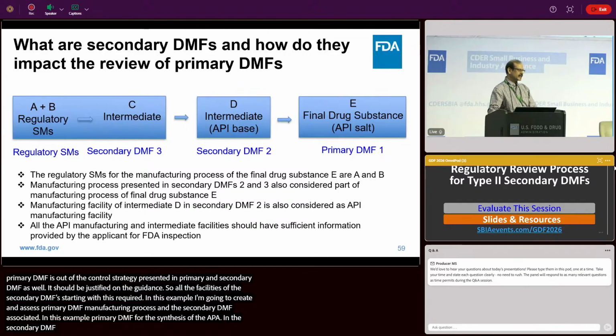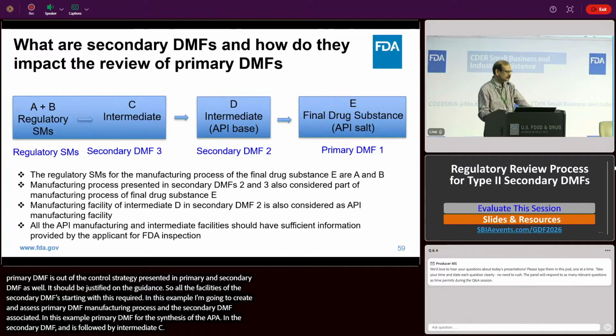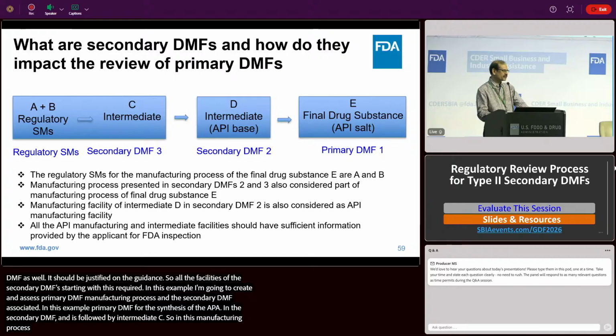The secondary DMF2 refers to another secondary DMF3 for its intermediate C. So in this overall manufacturing process, the regulatory starting materials for the manufacturing process of the final drug substance E in primary DMF1 are A and B from the secondary DMF3.